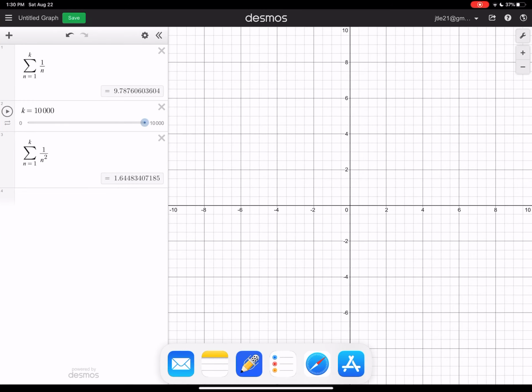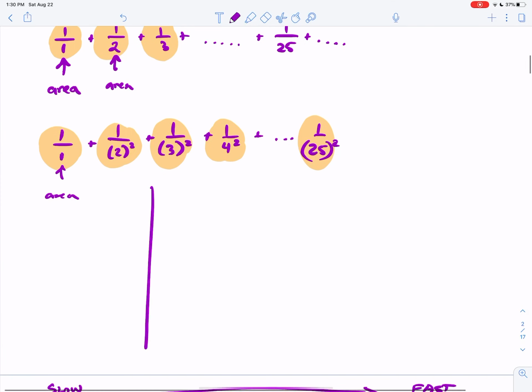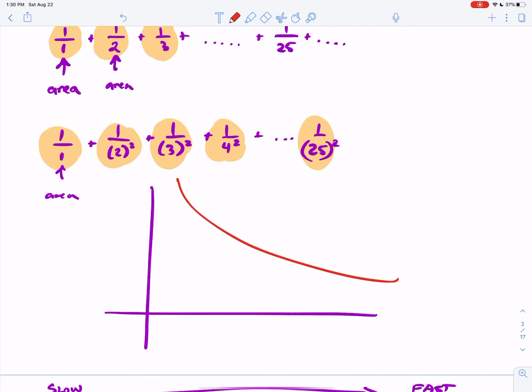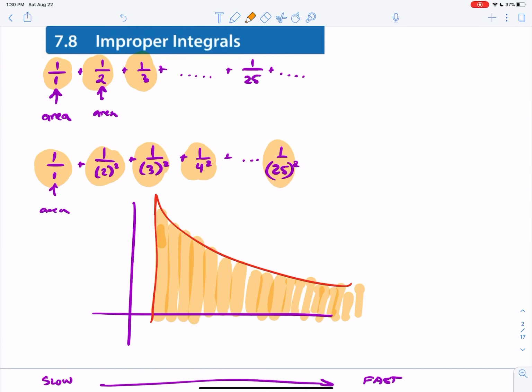And this was always a trippy concept to me because if you think about it, if you have a curve and you're finding the area under the curve, if you go on forever, you would think that your area will just get larger and larger and larger, right? But if you go on to infinity, in some cases, it doesn't always get larger and larger. Actually, there's a cap to it.